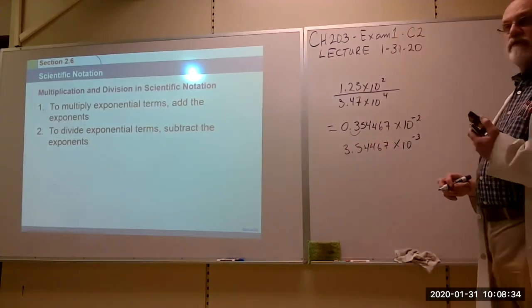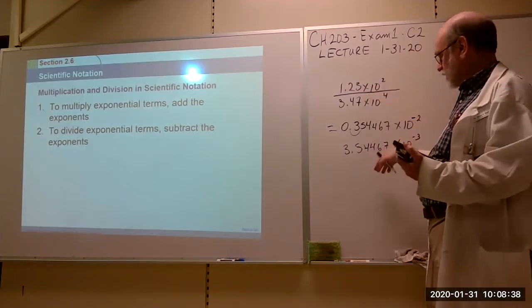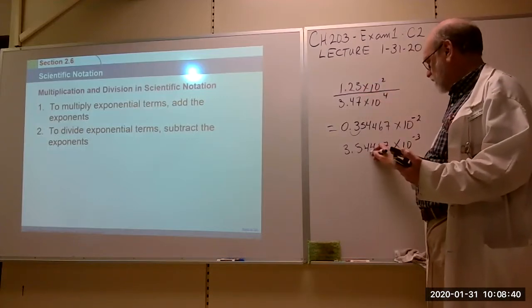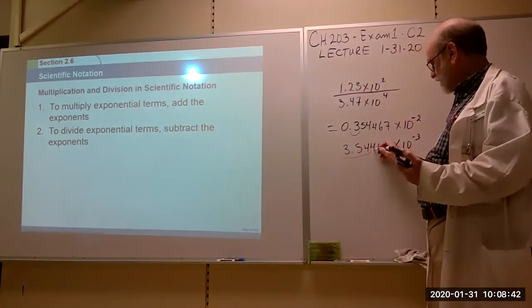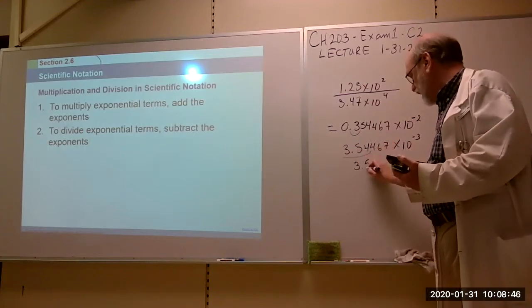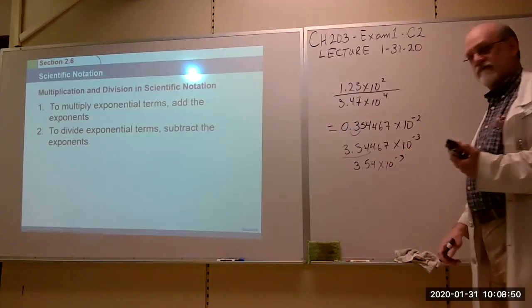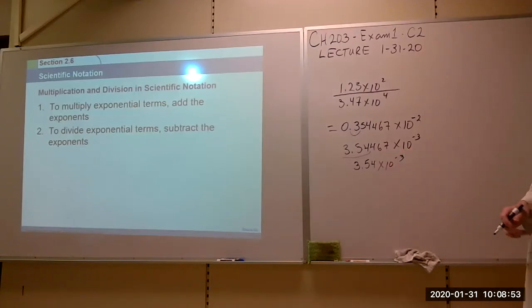Now we have to do significant figures. That's 3, that's 3, so we get to keep 3 here. The next digit is less than 5, so our answer is 3.54 times 10 to the minus 3. Okay?